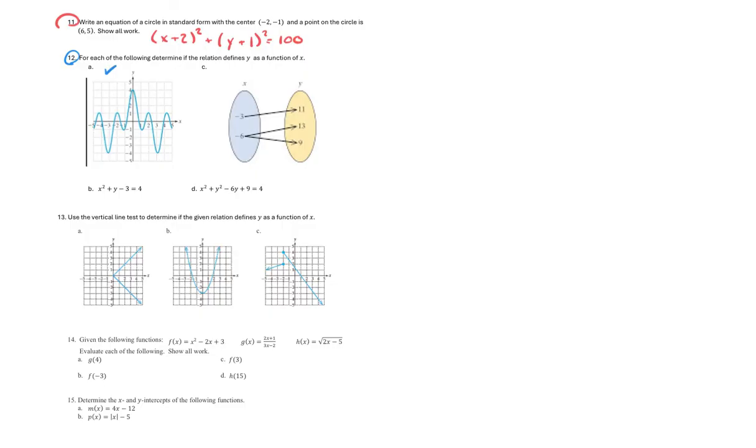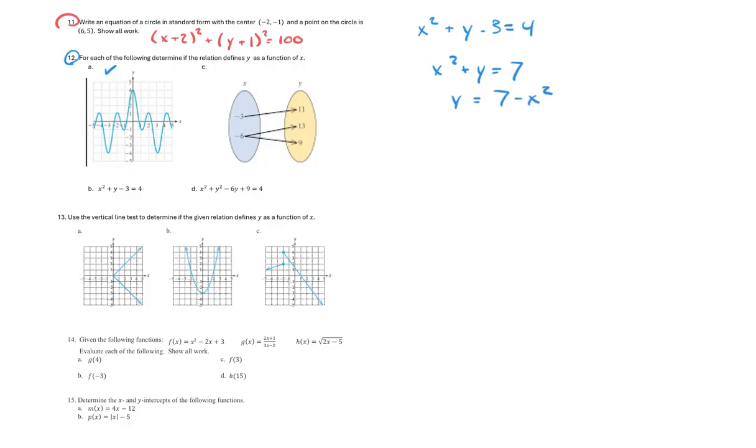The next one, b, I have x squared plus y minus 3 equals 4. So a good way to approach these, if you're given an equation, is let's try solving for y, just to see what happens. So if I solve for y, I get x squared plus y minus 3 equals 4. So I can move the 3 to the other side, and then I can subtract x squared.